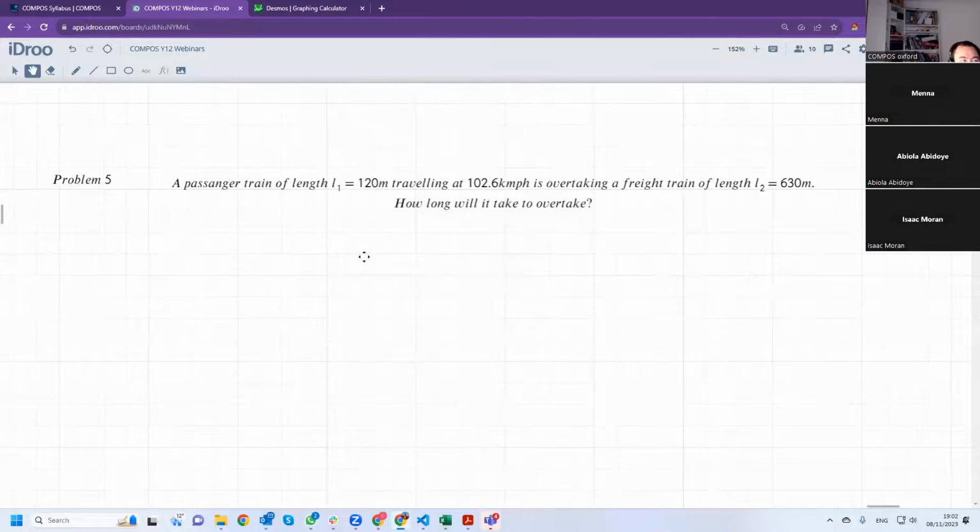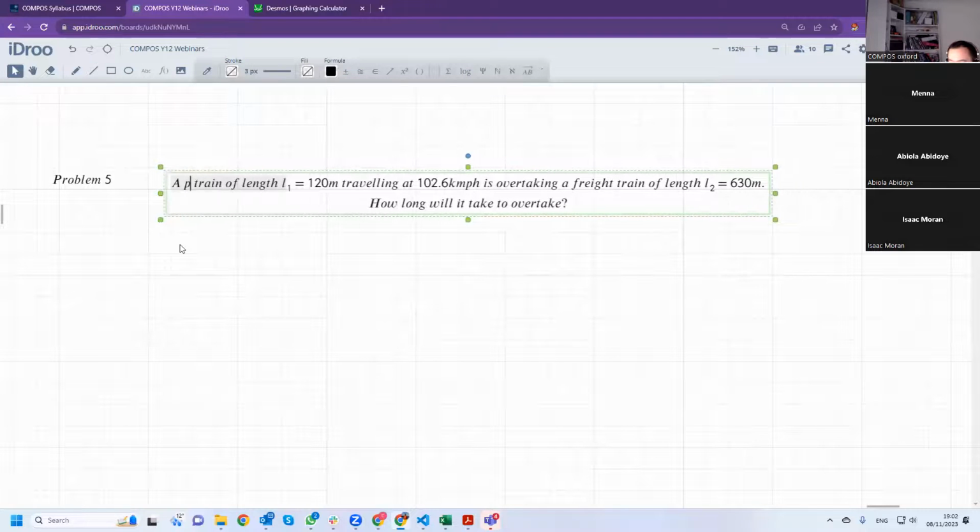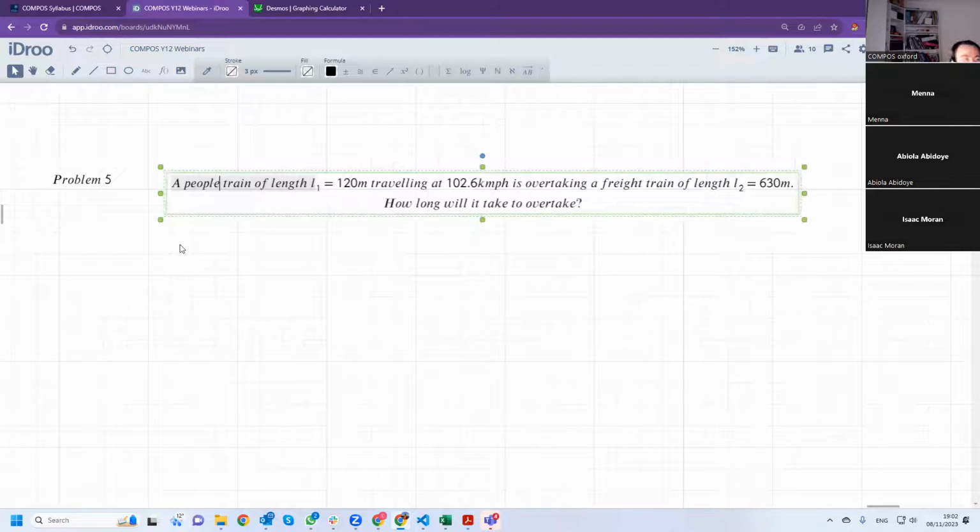Problem 5. A passenger. I'm pretty sure I misspelled it. How do you spell passenger? That's embarrassing. Passenger.